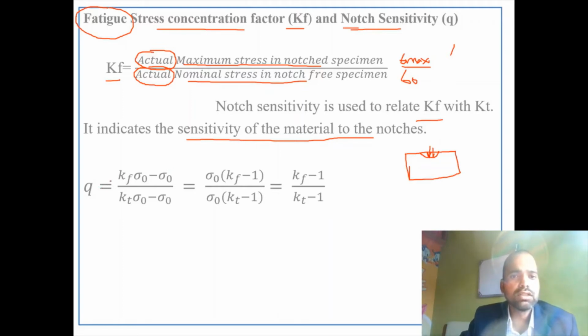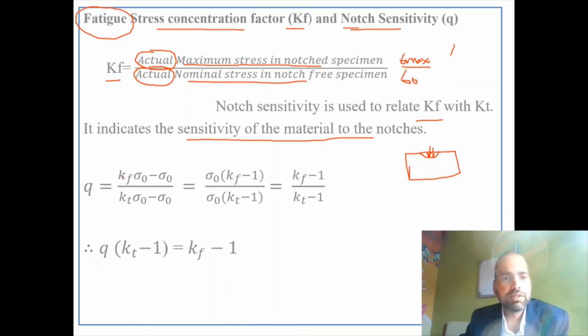So notch sensitivity is calculated by this equation: q = (Kf − 1)/(Kt − 1), that is, the increase in the maximum stress over the nominal stress for the actual value, and the increase in the maximum stress over the nominal stress for the theoretical value.